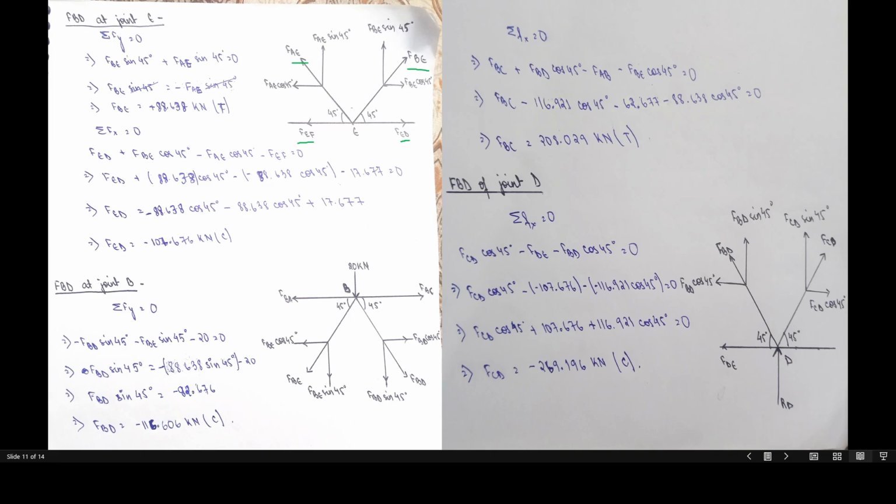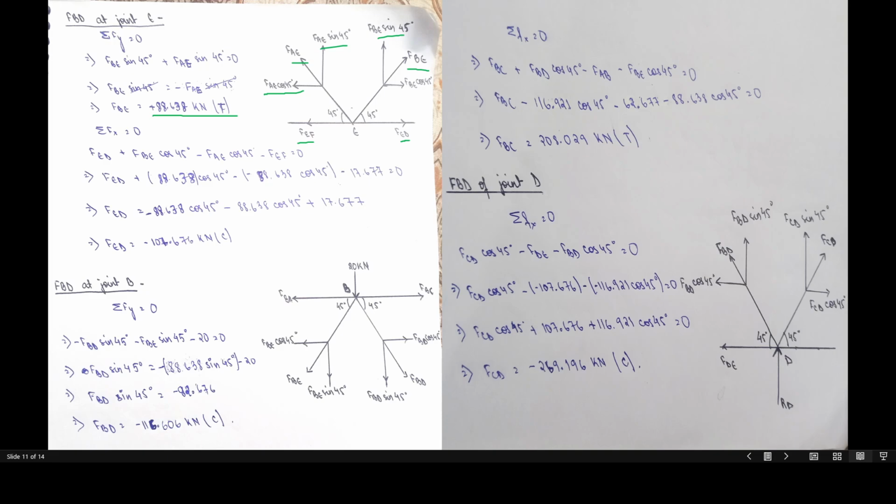So taking the sum of vertical forces, we get FBE sine 45 degrees and FAE sine 45 degrees equal to 0. We already have the value of FAE, so we can simply write it's 88.638 kilonewton, and it's positive, so it's in tension.